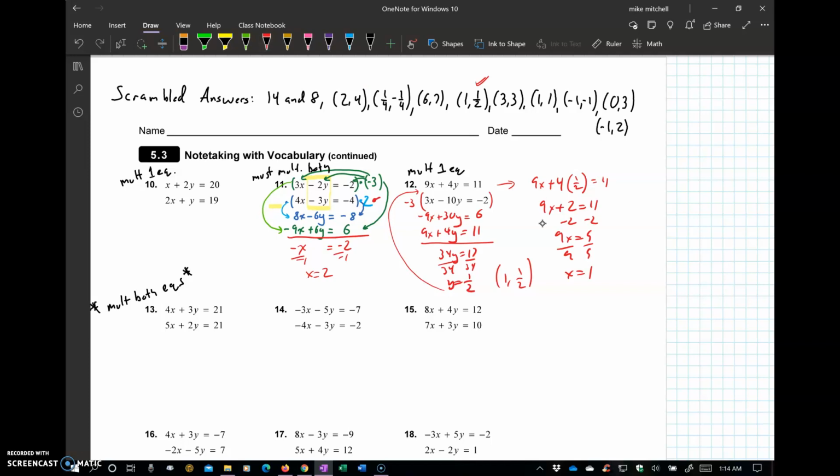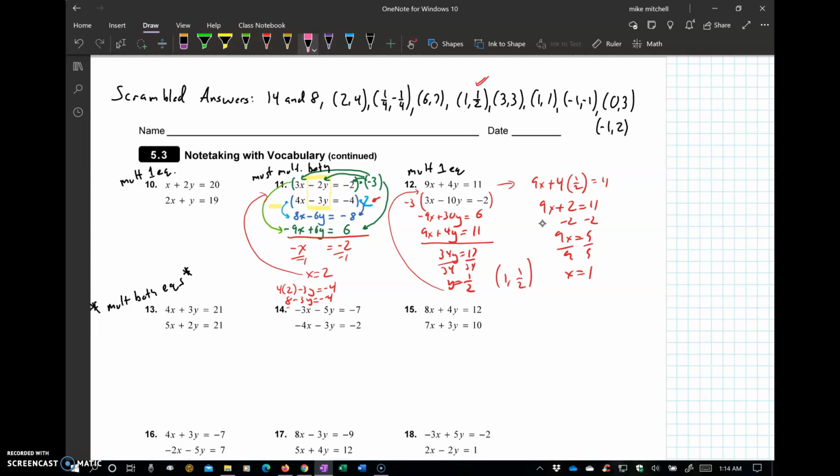I can plug this back in. I'd already done this once and redoing it. That's why that number was marked. Plug it back in. Not going to make much difference which I plug it in. I'll do the bottom one this time. 4 times 2 minus 3y equals negative 4. That's 8 minus 3y equals negative 4.